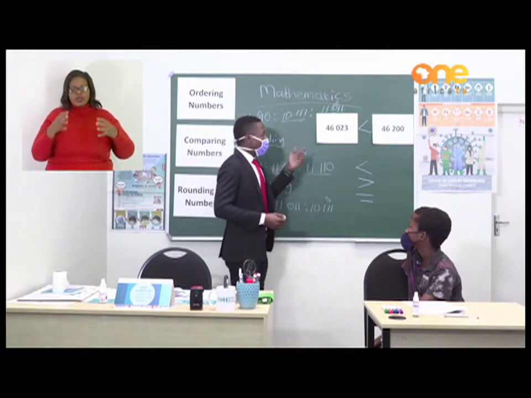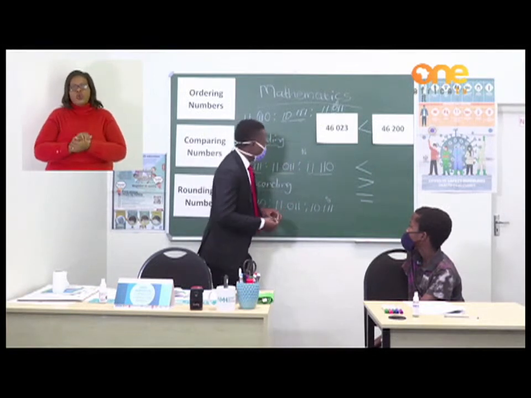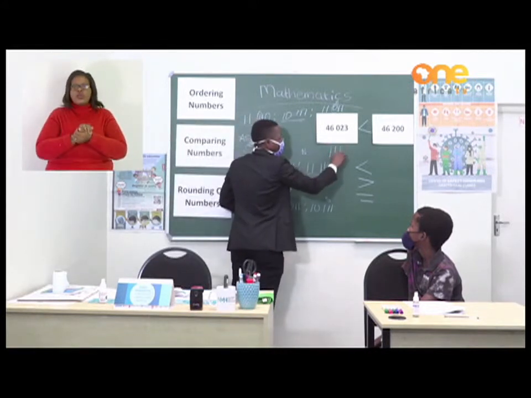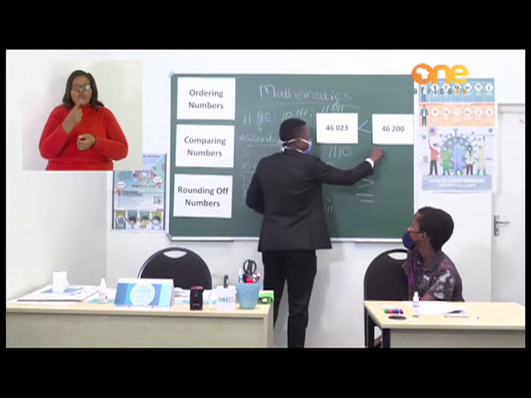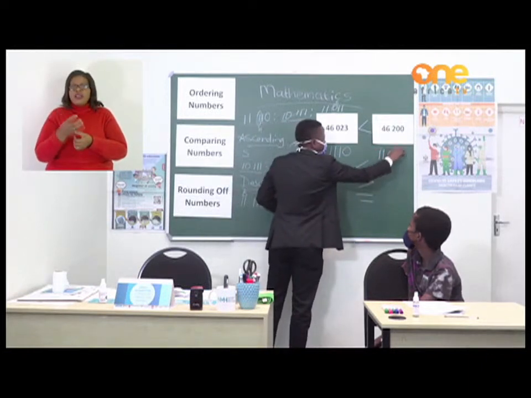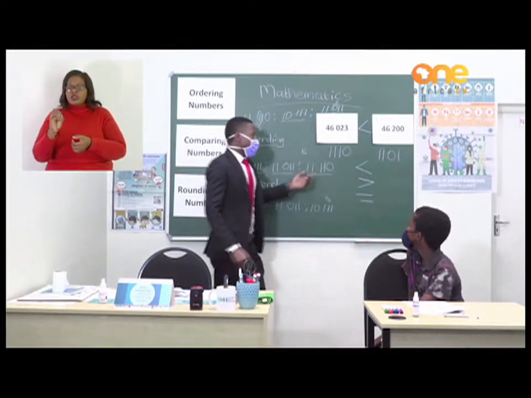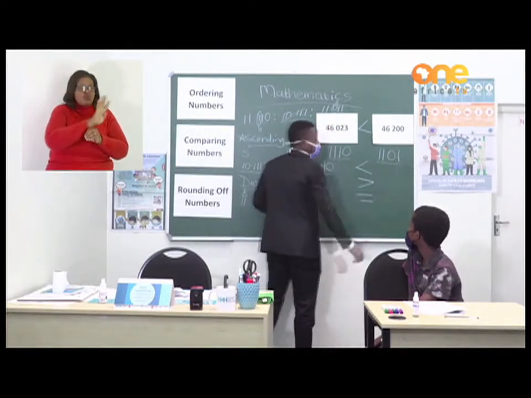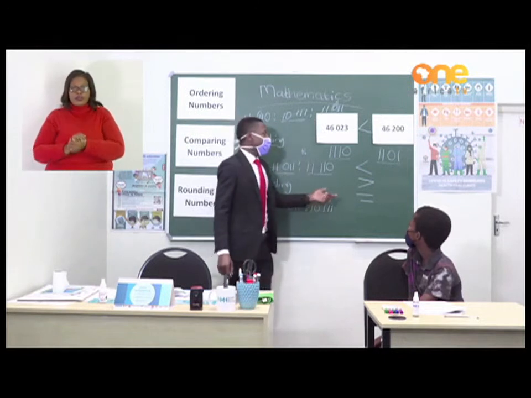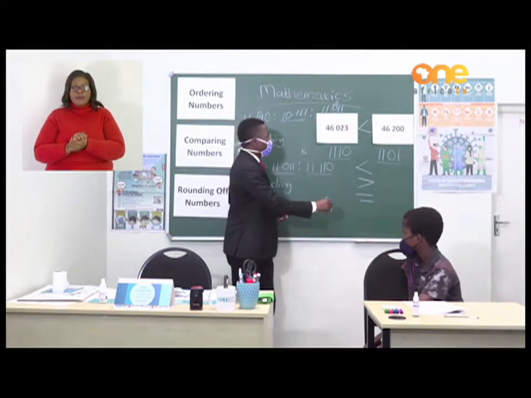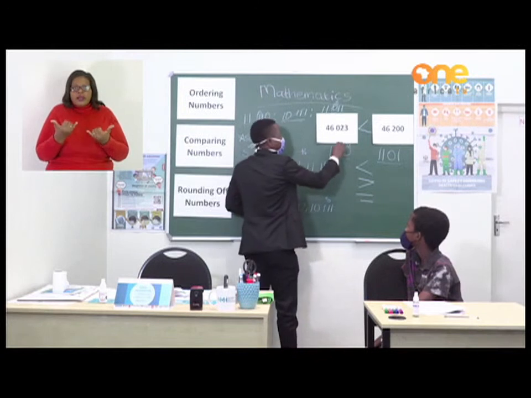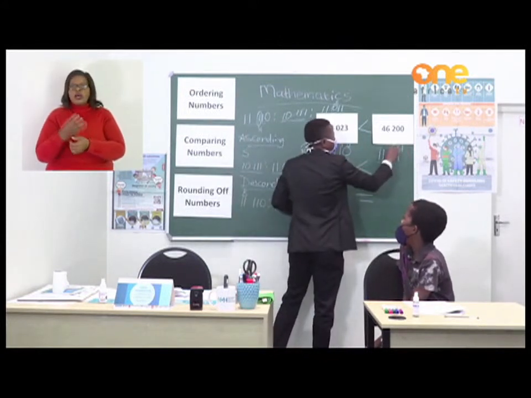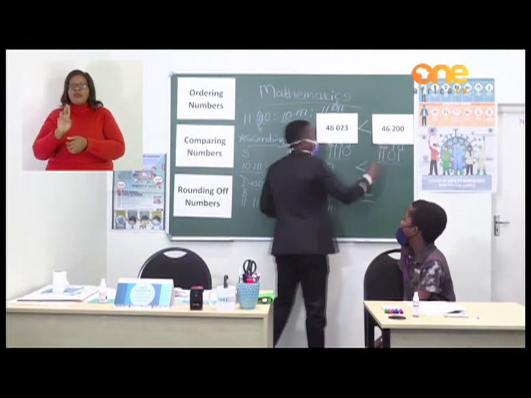So in most cases, some numbers are confusing. They may come in this manner. You may have 1, 1, 1, 0, and then you have 1, 1, 0, 1. How many digits do you have here? I have 4. How many digits you have here? You have 4. And then to compare, we have units, tens, hundreds, and thousands.